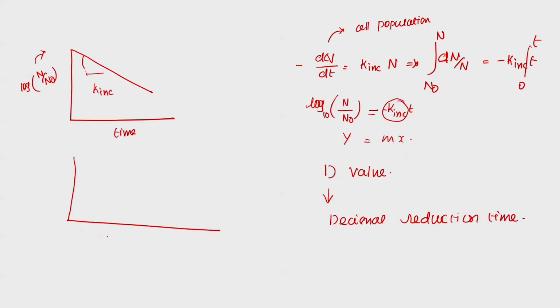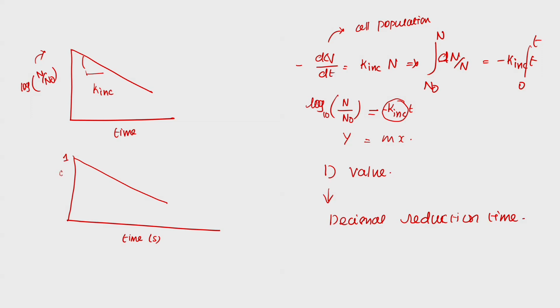So for example, this is my time in seconds. This is my log of N upon N naught. So I have a slope, right. Instead of this, I will be putting in numbers so that you will understand it better. So 1 is nothing but my initial concentration N naught. This is where it starts.